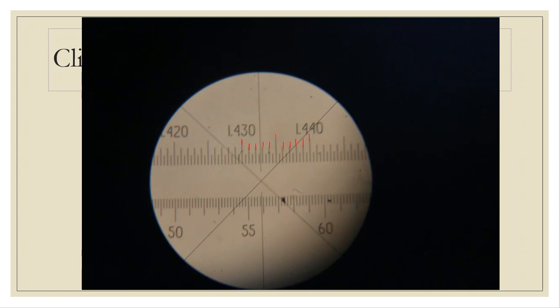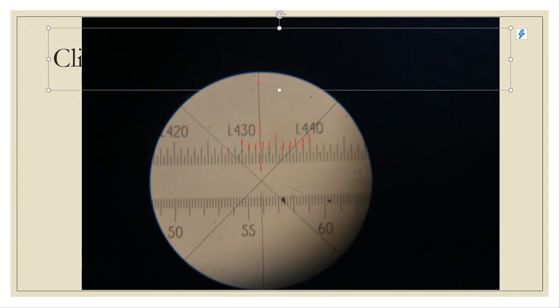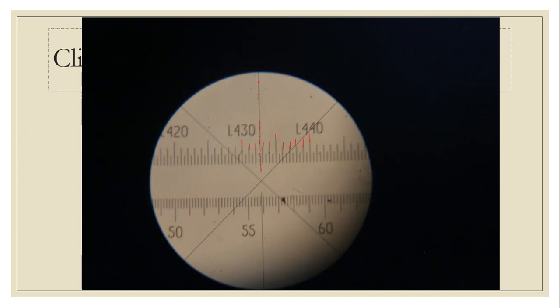But notice that this line that goes straight up, that's the number that I need to read. Where does that cross? It's kind of in the middle, isn't it? This is 430, 431, 432, 433. This is right in the middle, and you see that other short little line right there.